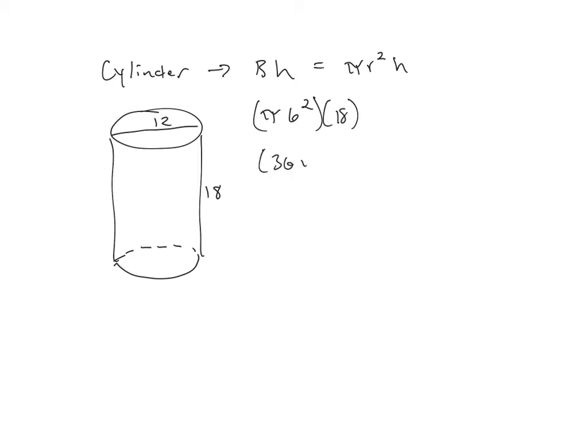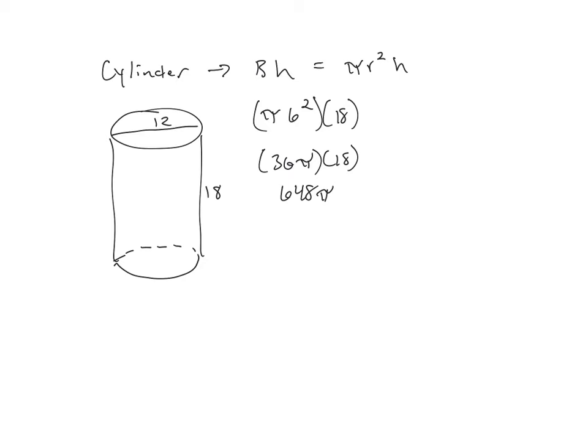So 36 pi times 18, and then get a calculator to do that part from this point forward. So 36 times 18 is 648 pi.